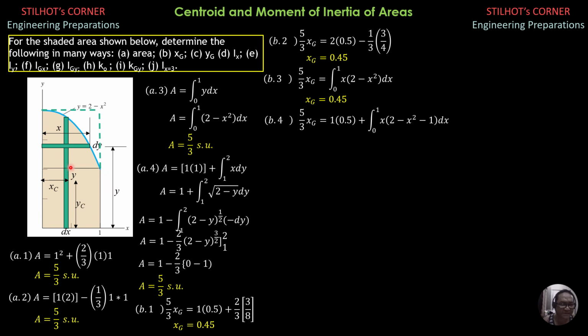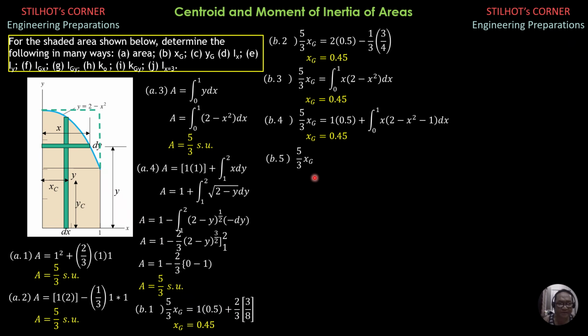And the height of the strip is equal to y minus 1 because this is y equals 1, the top of this square. So y, which is 2 minus x squared, given, then minus 1. So this is 1 minus x squared as a result. So using your calculator again, plus 0.5 divided by 5/3, xg would also be 0.45.